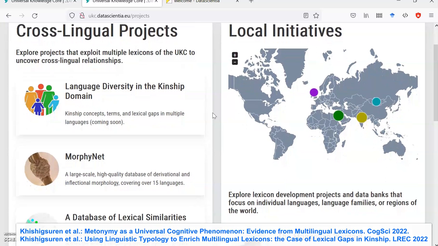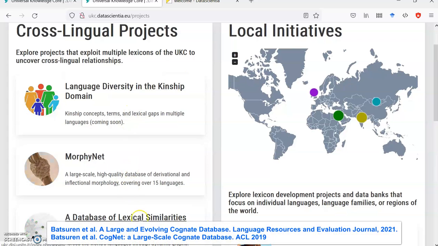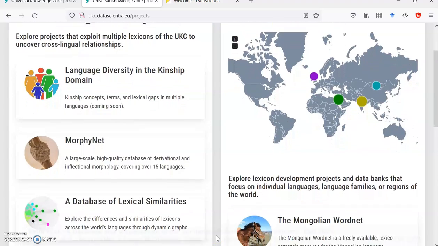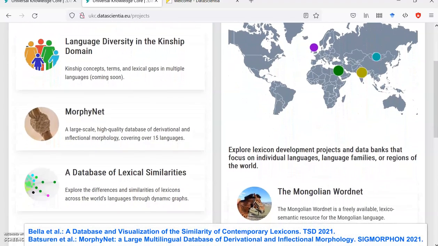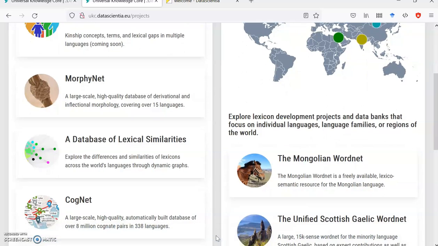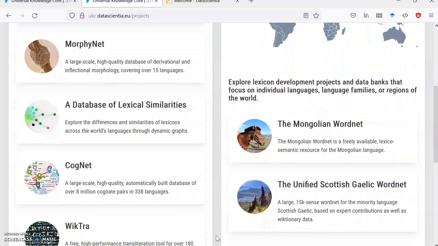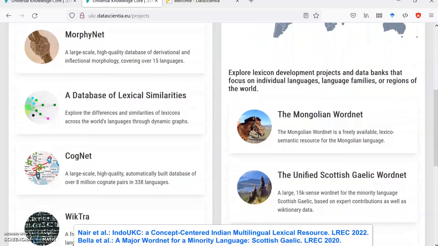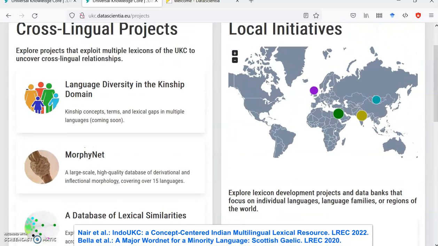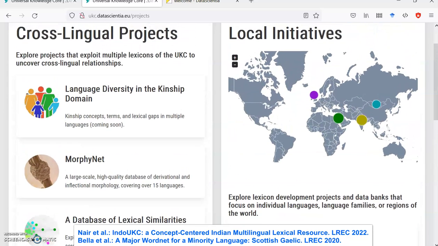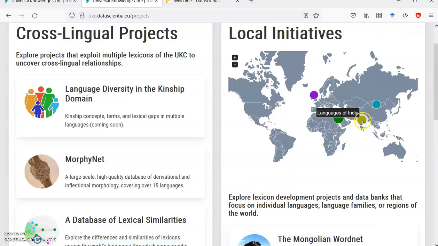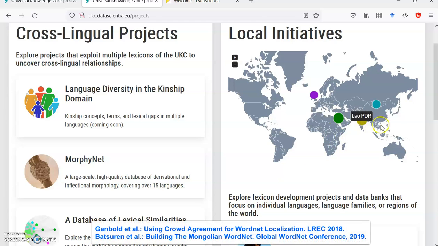Cross-lingual projects concern the interconnectedness of languages, producing or exploiting resources across tens or hundreds of languages, such as automatically computed metonymy relations, cognates, morphological analysis, or lexical gaps. Language-specific initiatives instead concentrate on single languages or regions, such as our ongoing projects on Indian and Arabic languages. These projects are led by local language experts, are owned locally, and have their dedicated databases and websites.